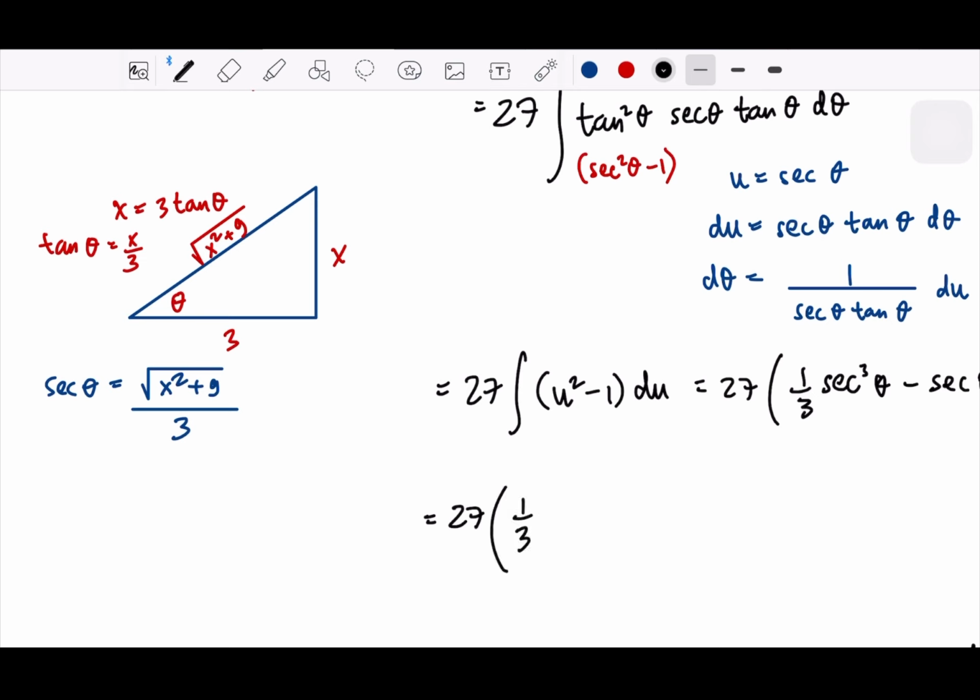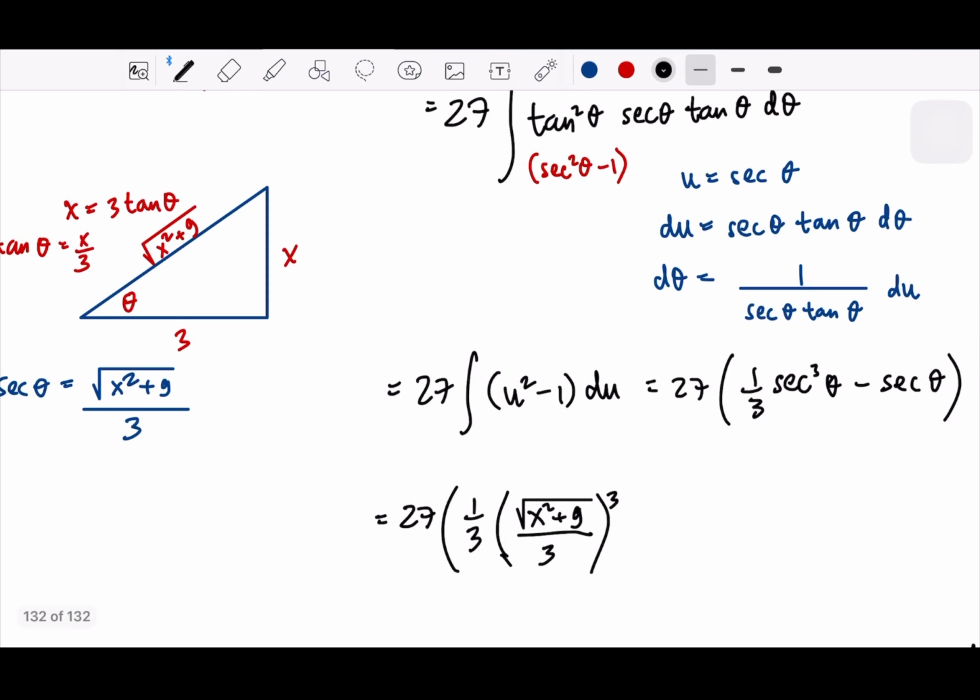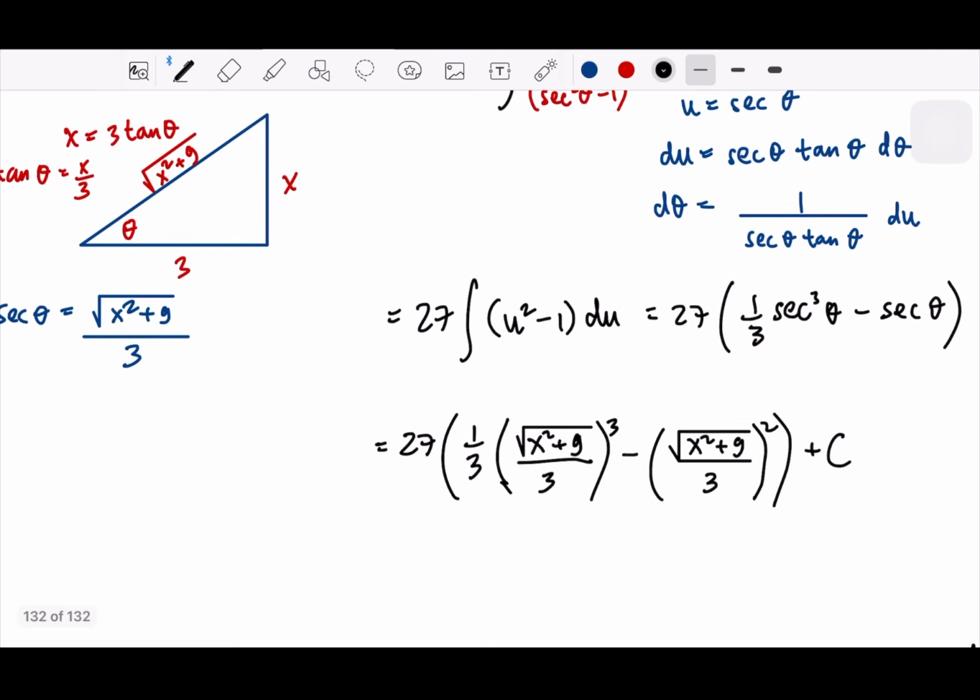It should be 1/3. So we have 1/3. If you want to complete this, that's the final answer.